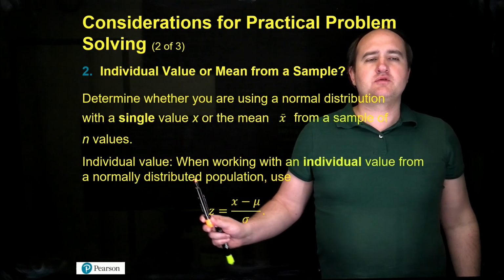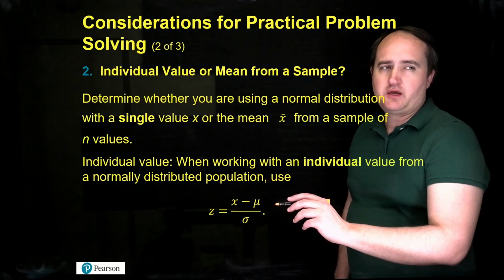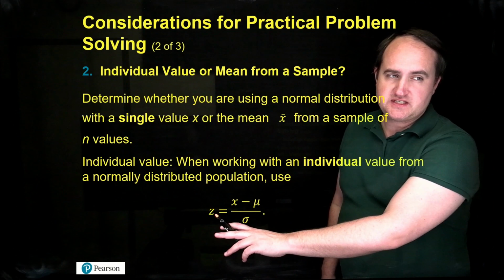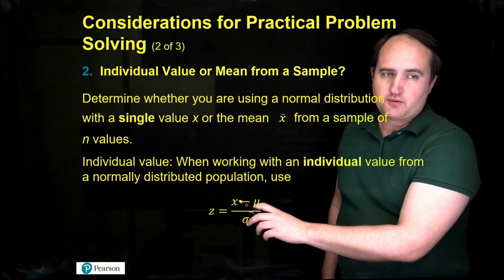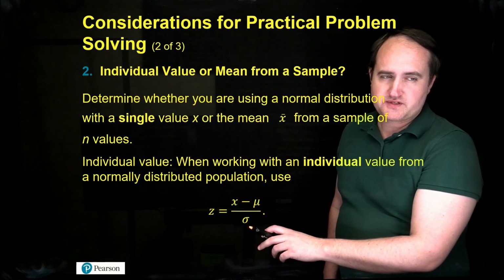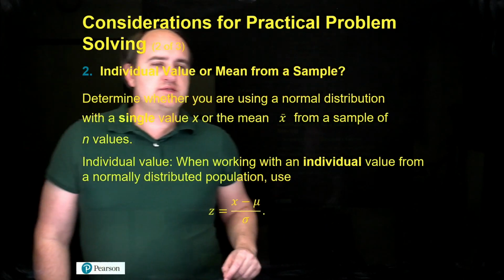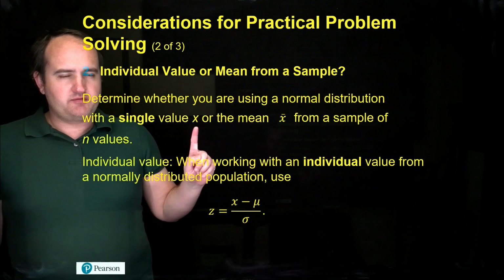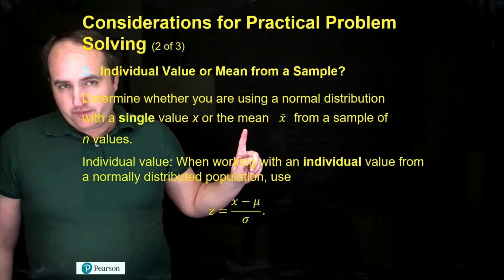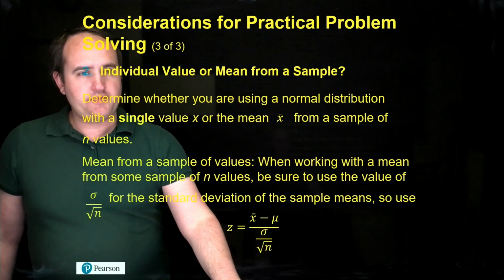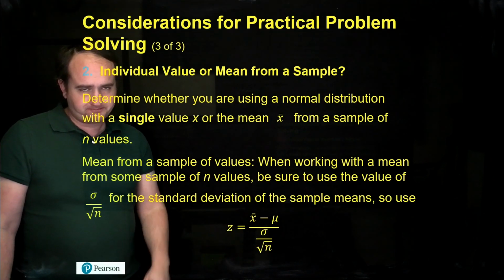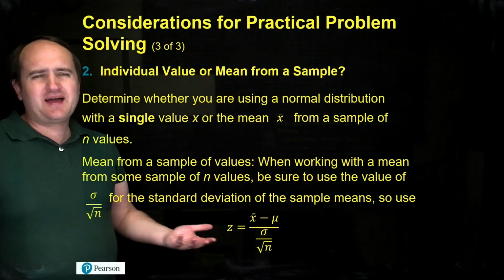So for an individual value, in your homework, you're just going to use the standard z-score formula. So z equals x minus mu over sigma. But what's new here is if we're not just talking about a single value x, we're talking about the sample mean x bar, that's when we use this new formula, which isn't really that new of a formula.